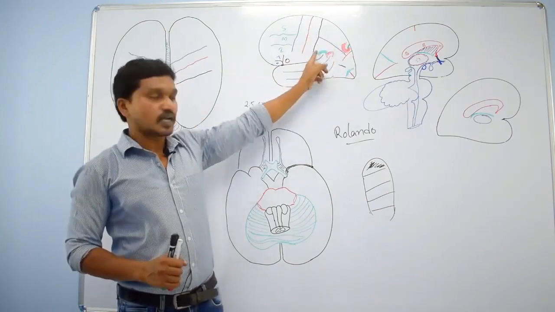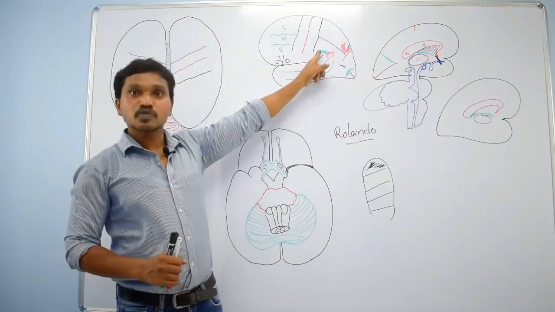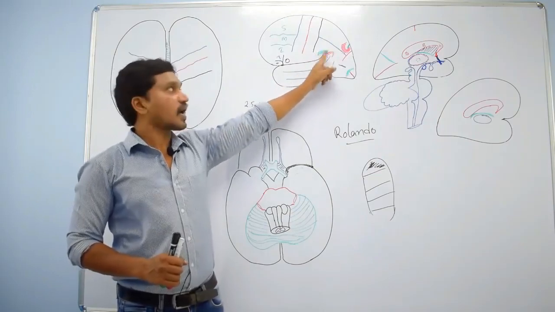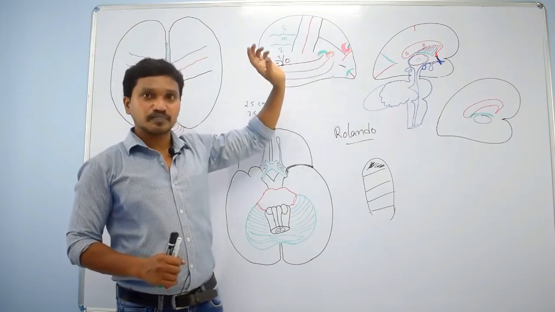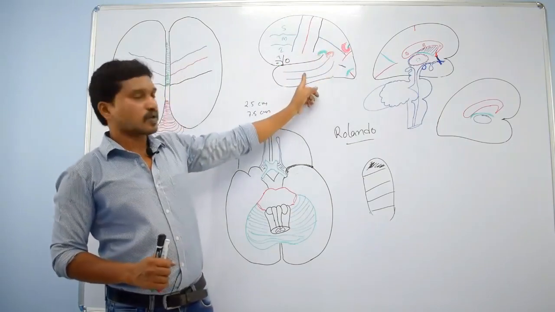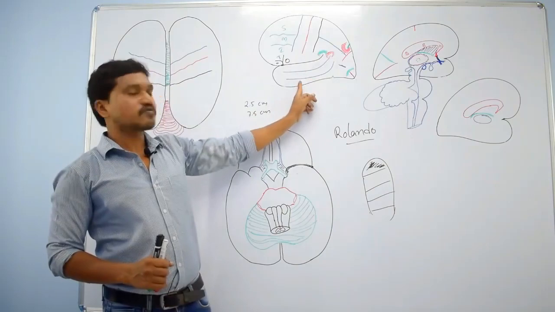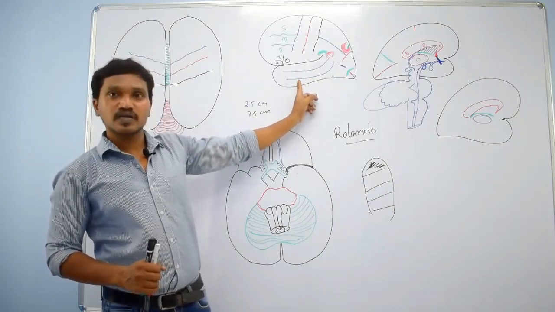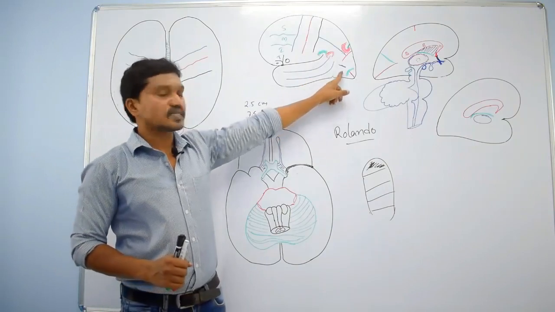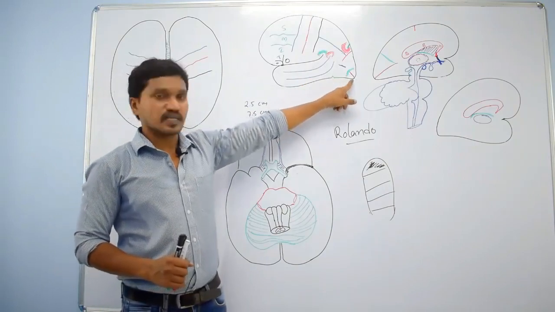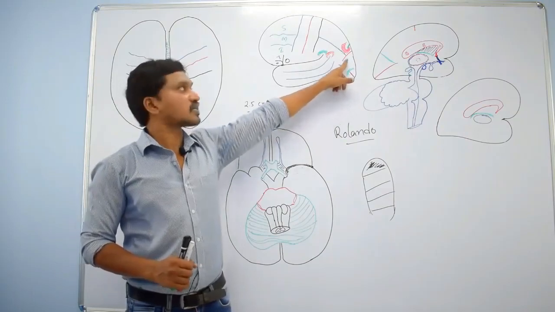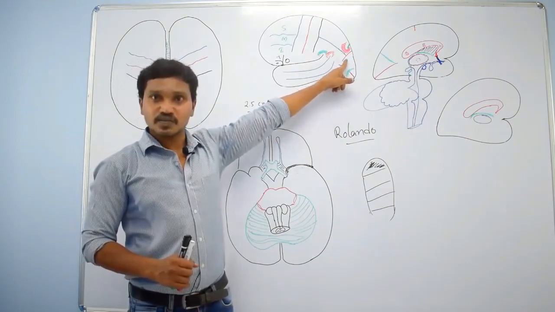Around the posterior ramus, what is this? Supramarginal gyrus. Around the superior temporal sulcus, angular gyrus. Right? Then the temporal lobe: superior, middle and inferior temporal gyrus because of the superior and inferior temporal sulcus. And in the occipital lobe: calcarine sulcus, lunate sulcus, lateral occipital sulcus, and here the transverse occipital sulcus.